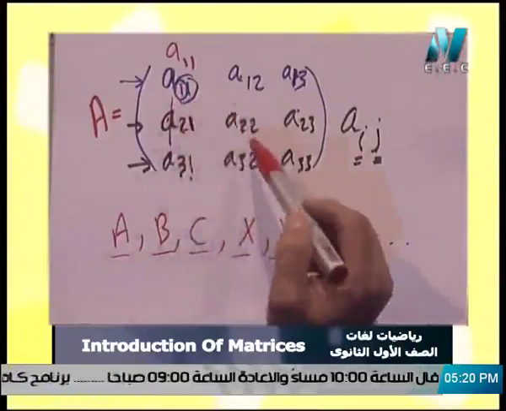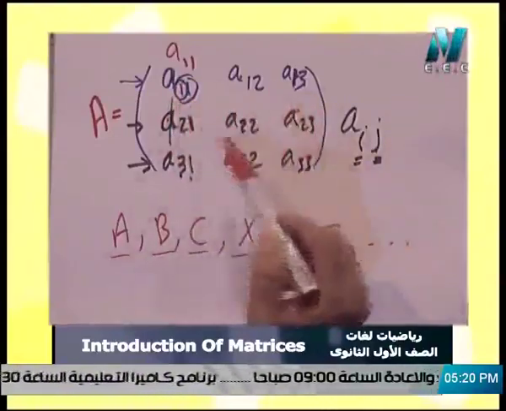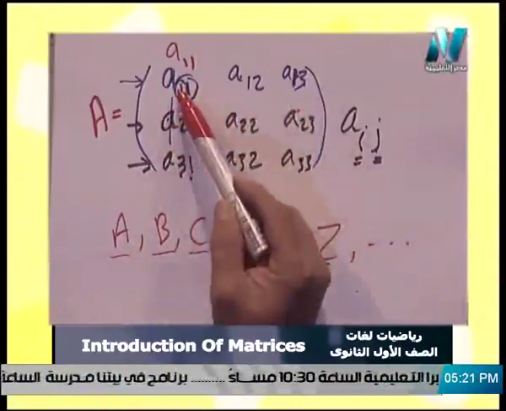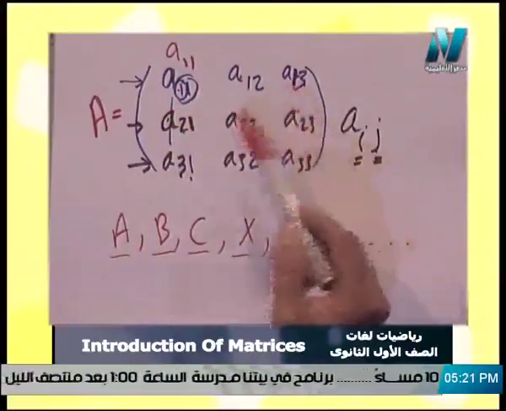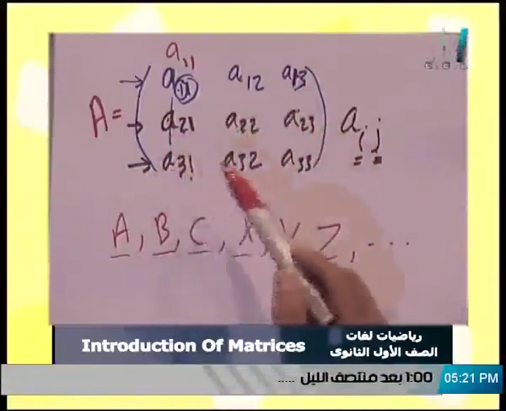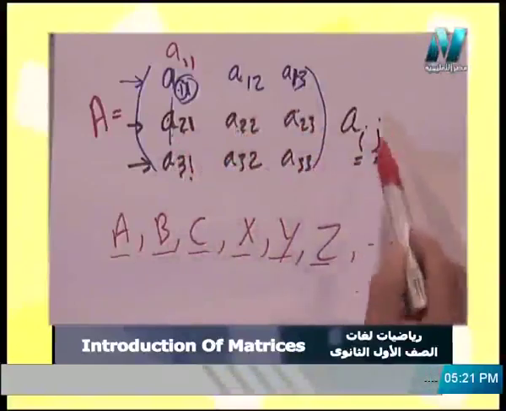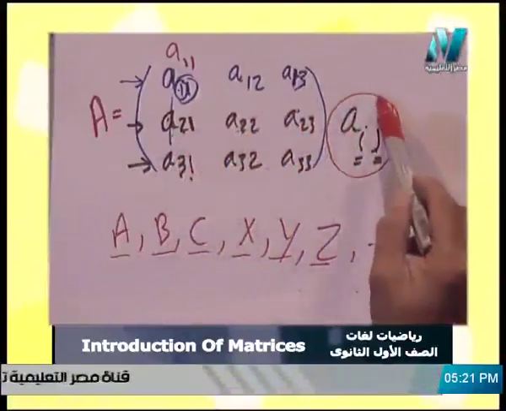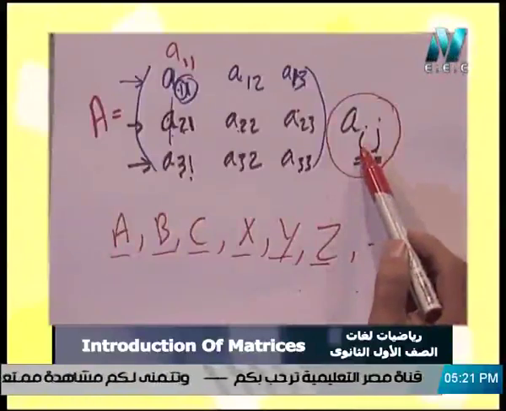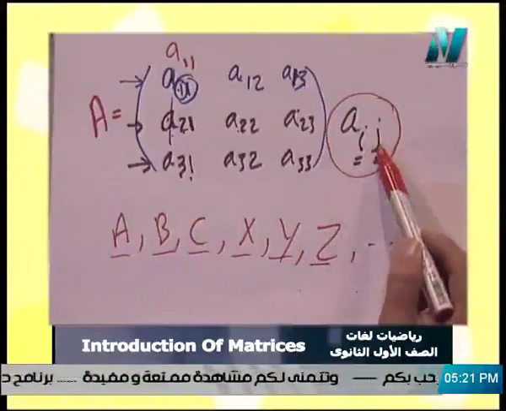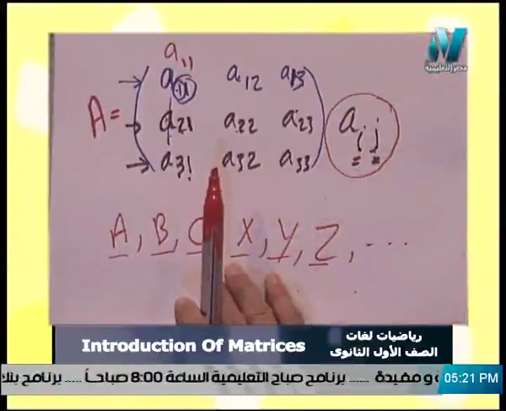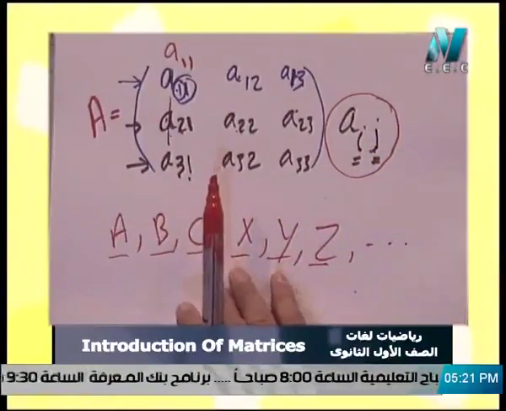Small letters express the elements inside these matrices. This is A11, A12, A13, A21, A22, A23, A31, A32, A33, and generally we call it Aij. i expresses the number of rows, and j expresses the number of columns. Okay, let's now move to an example here.